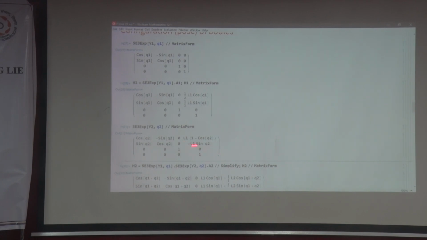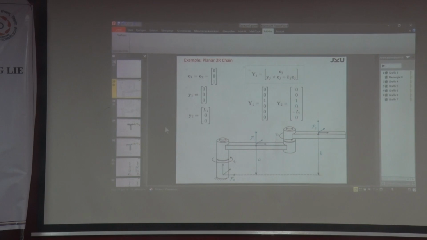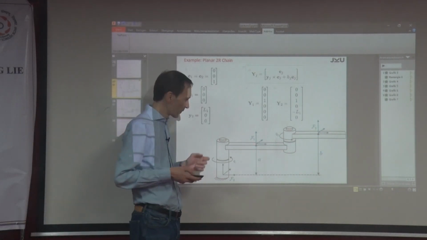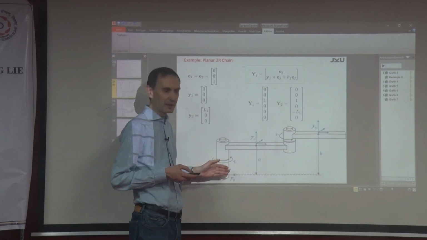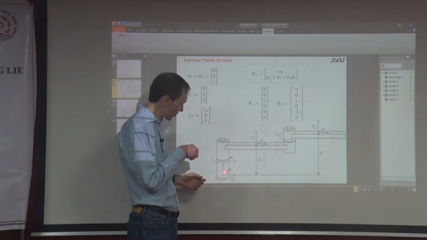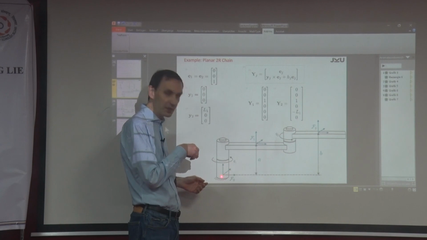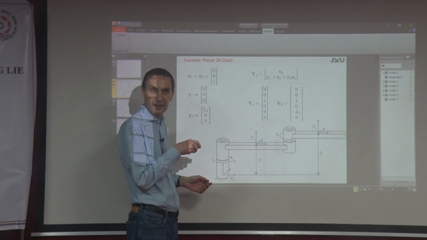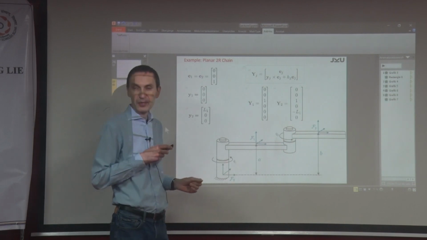Just remember this one, minus L1 sine Q2. What does it do? This should be the component in this direction when you turn this joint, and you say it's not correct, but I would claim it's correct.